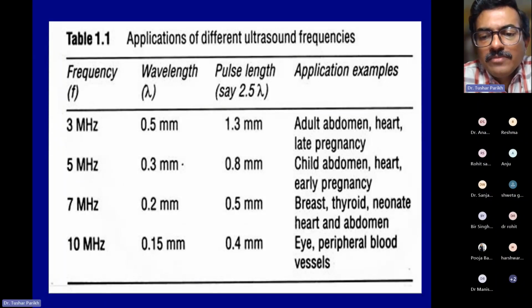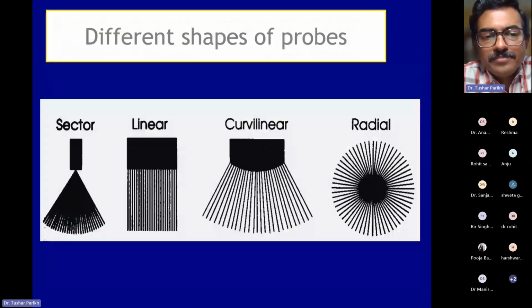And 10 megahertz is used for eyes, peripheral nerves, and blood vessels when you want to cannulate, and even higher frequency probes are also available. You don't need to remember exactly, but for the newborn, we use 7 megahertz or thereabouts. Higher frequency you will use for superficial structures, and low frequency for studying deeper structures.